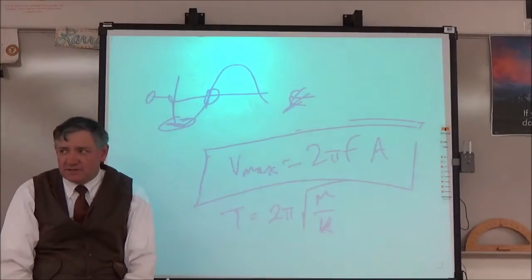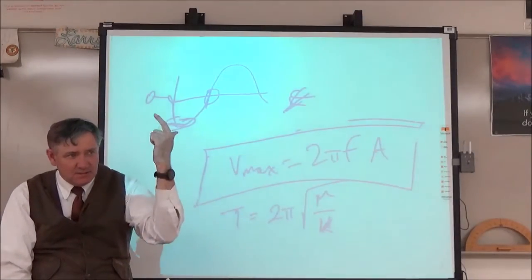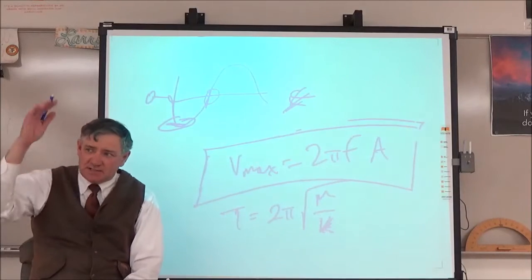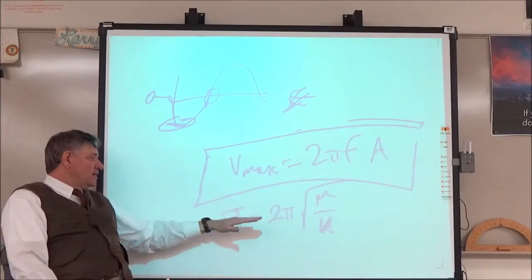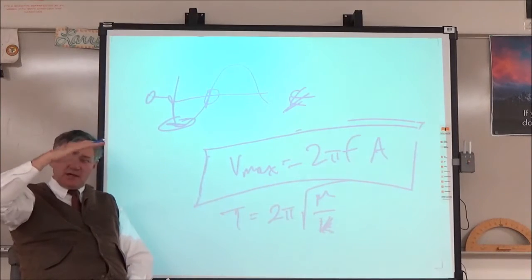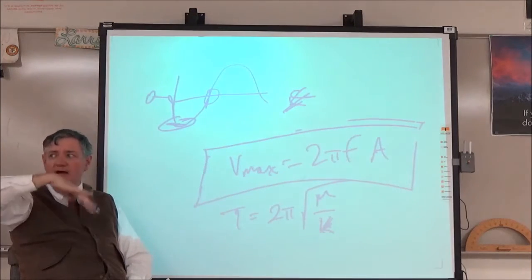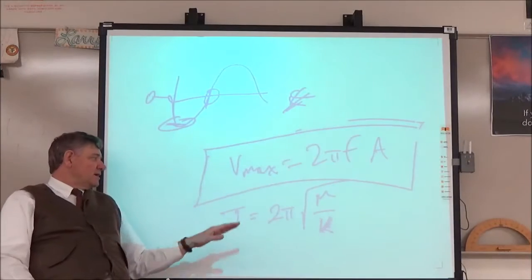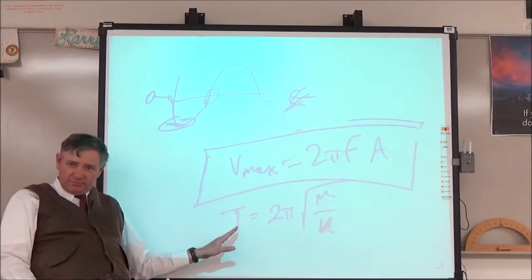What are the only two things? Mass and the spring constant. Is the amplitude a factor in this equation? No. Whether I make that thing have a very small amplitude or a bigger amplitude, it's going to have the same value of period.